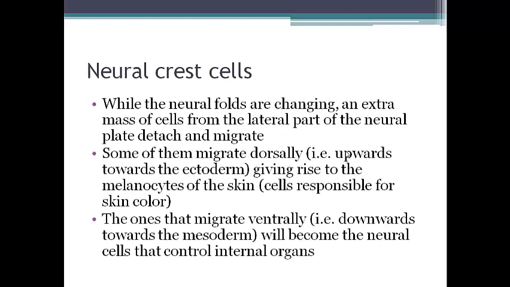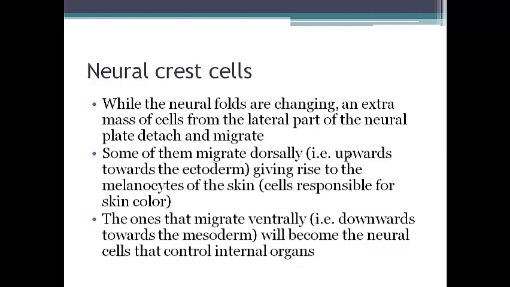Now, something to keep in mind is a population of cells called the neural crest cells. While the neural folds are changing, during the whole process of elevation and fusion in the midline, a mass of cells will detach from the lateral part of the neural plate.